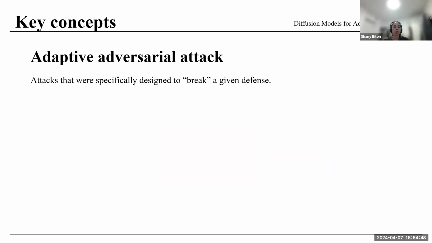So this is under the context of adaptive adversarial attack. Given a model and its parameters, we can generate adversarial attacks specifically designed to break a given defense. The attacker's goal here is to find a small delta such that X plus delta, the adversarial example, will be classified wrong by some classifier and still preserve similarity to the original images, so we will not be able to see those small perturbations.